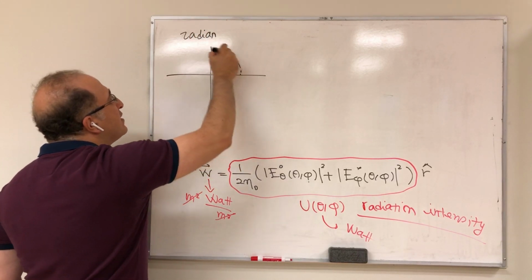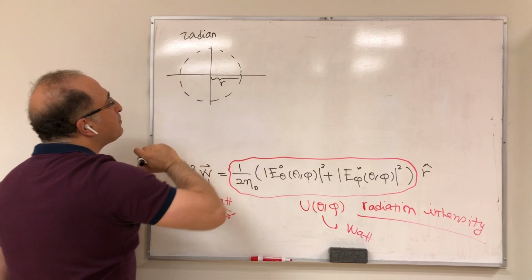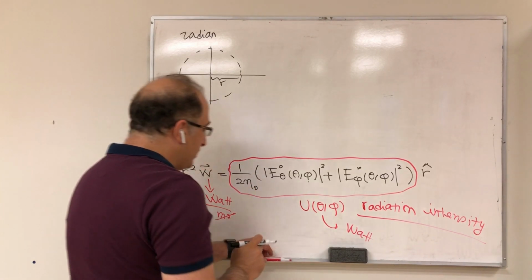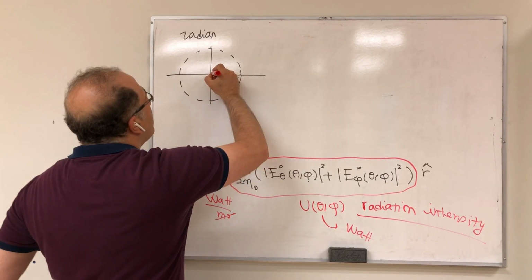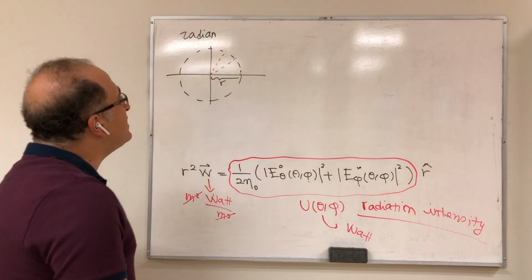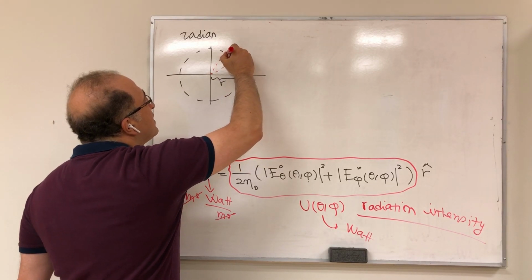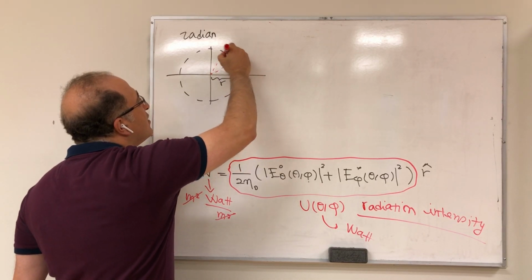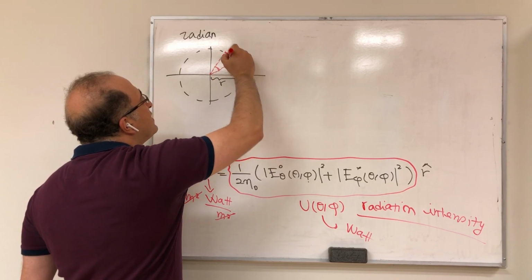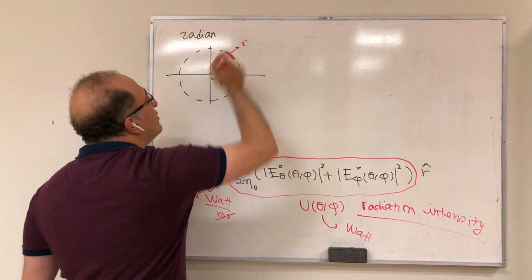Imagine you have a circle of radius r, and then you have an angle here, and this angle is subtended by this curve. This particular angle is subtended by this curve, and the length of this curve is r.